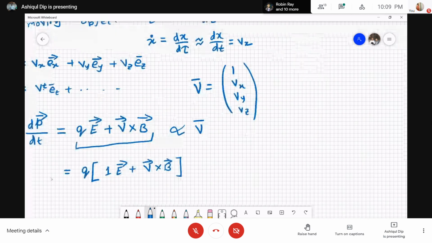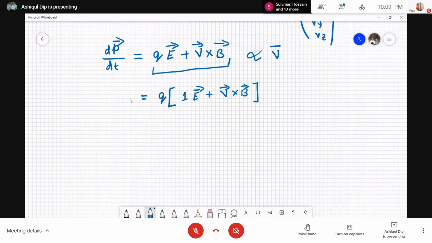Okay. So what we are expecting, a 4-dimensional version of it, is this. The rate of change of the momentum 1 form with respect to tau, which is the 4 force, should be equal to, number 1, linear in Q, as we have here, then linear in velocity, and linear in the field components. But the field components are multiplied by the velocity components.